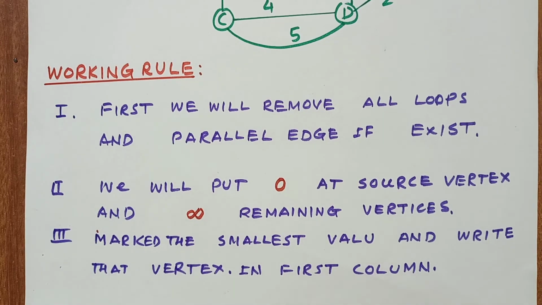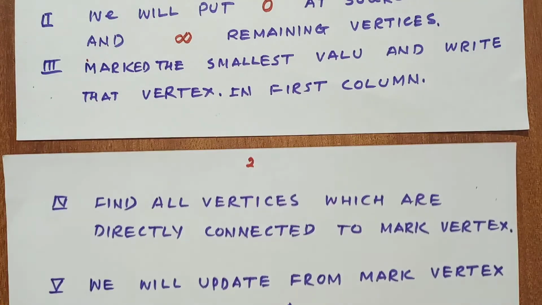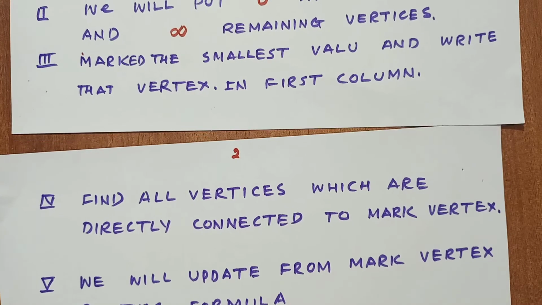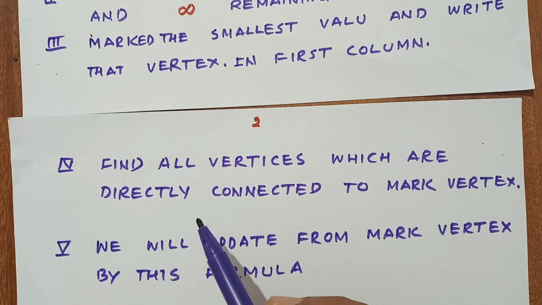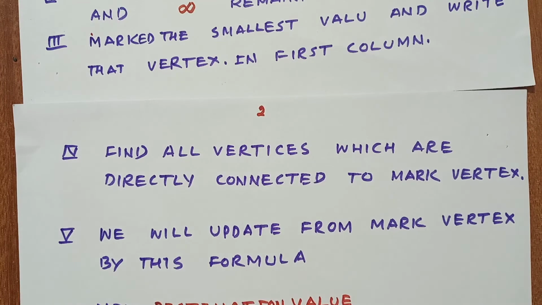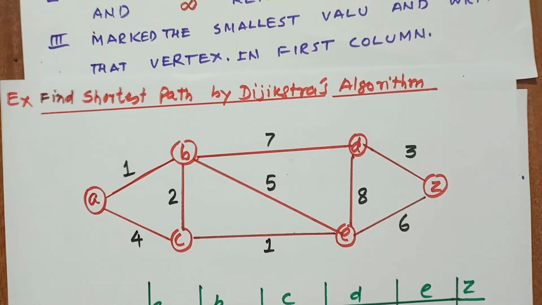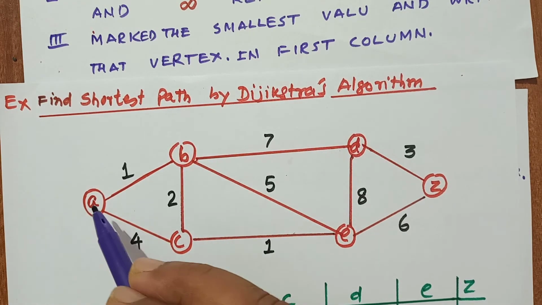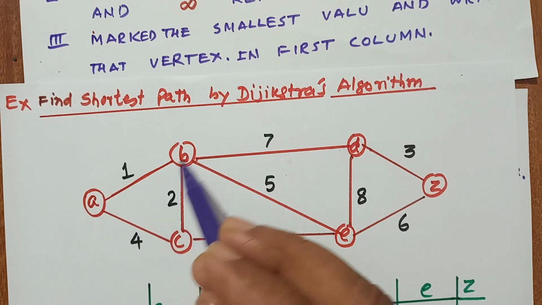The next step is to find all vertices which are directly connected. Next we will see very carefully how many vertices are directly connected to the first vertex, the source vertex. Suppose this is the source vertex, so B and C are directly connected.